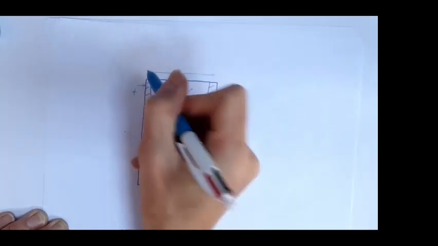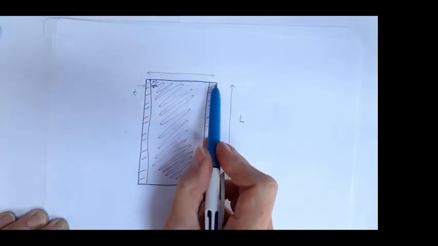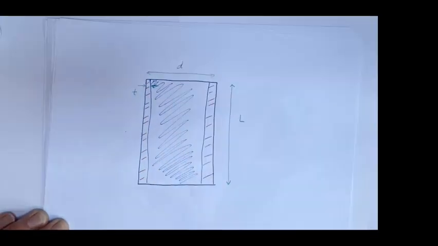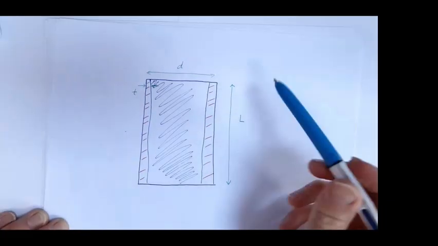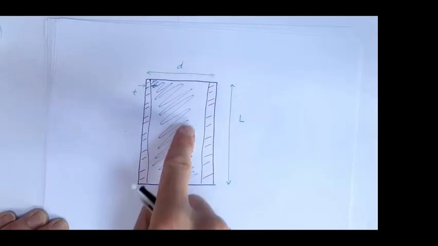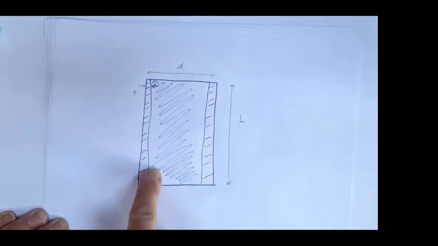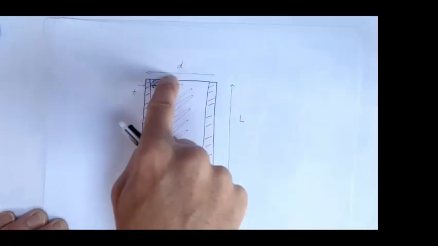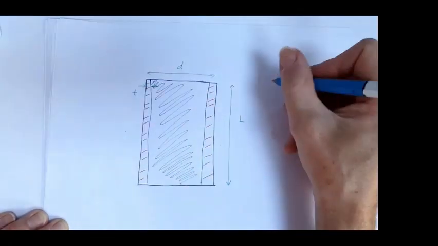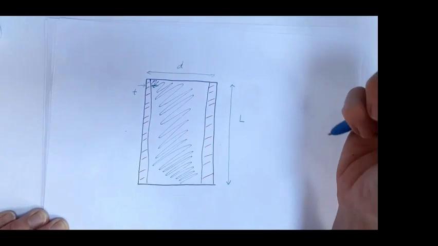If we draw that to the middle there, if we're assuming these are quite thin, we call that D, our diameter. Okay, so the forces acting into the page are going to be the force caused by the pressure on this surface here. So the force into the page, like that.